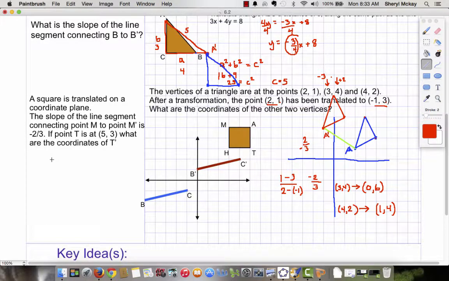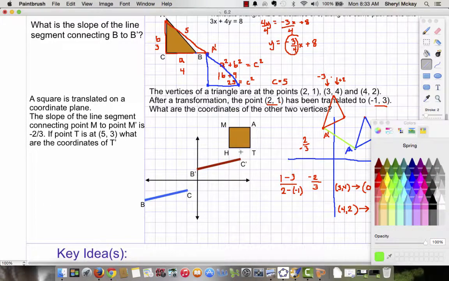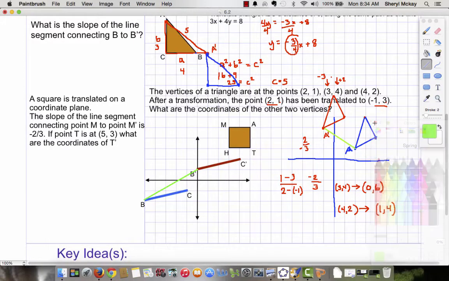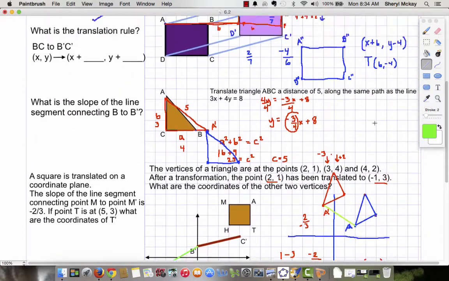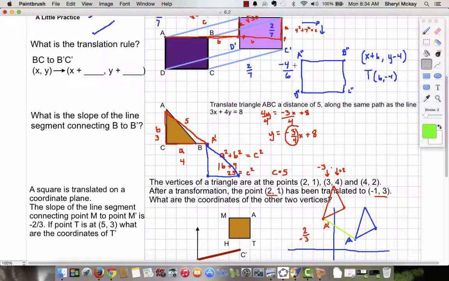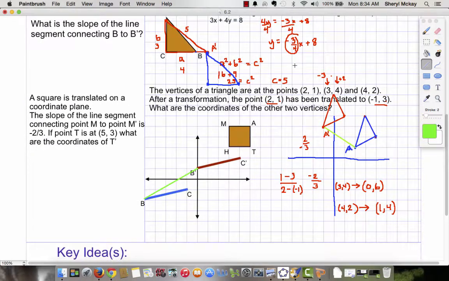Well, to figure it out, you needed to first look and see, what did you do to get from B to B prime? What did you do? Well, we're going to actually look here at this. What did we do to x? We added to x 1, 2, 3, 4, 5.